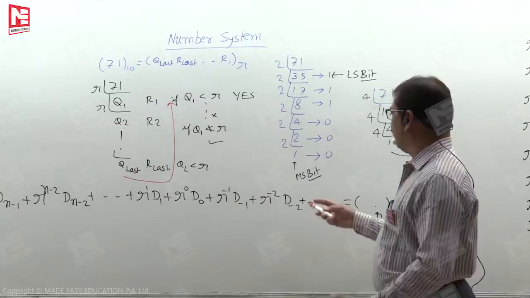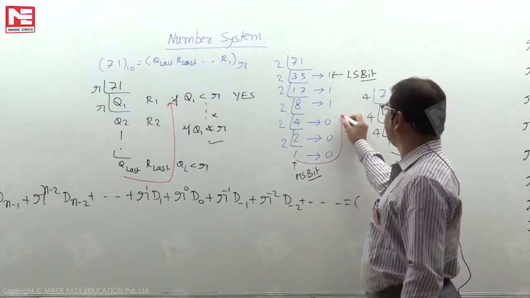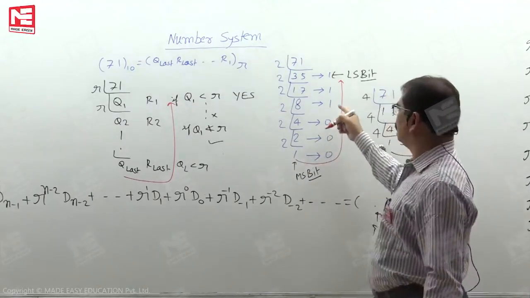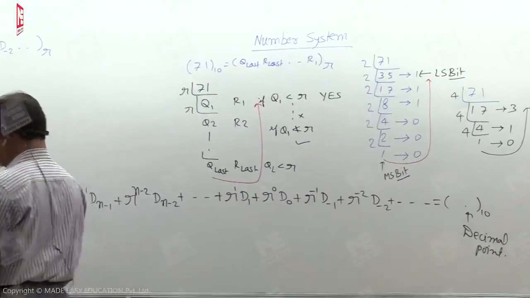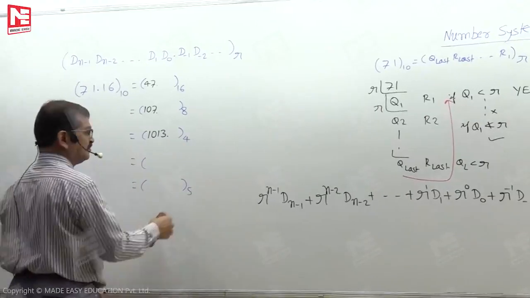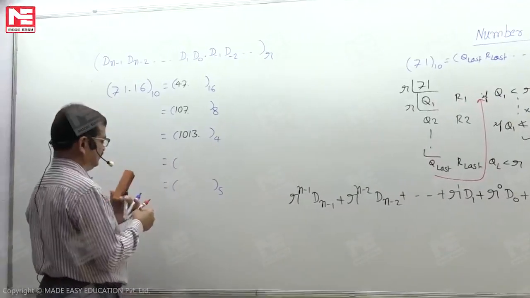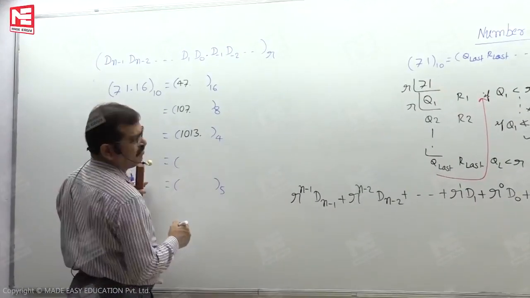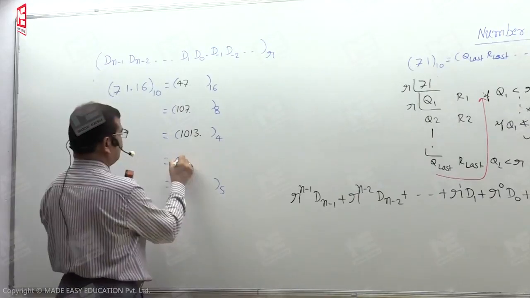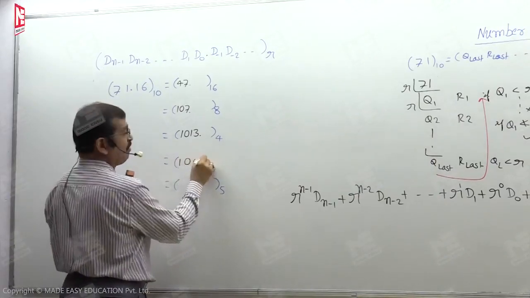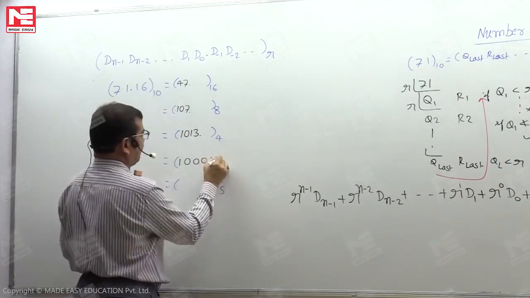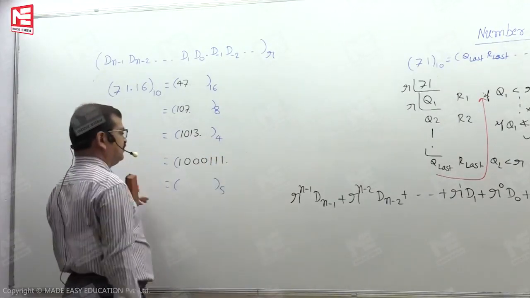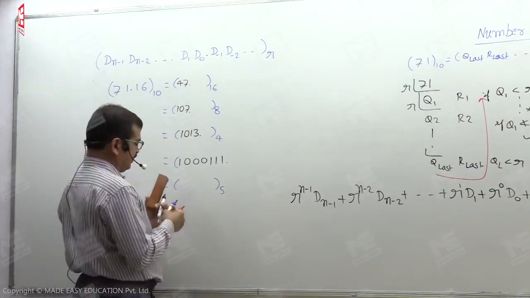So the number is 1000111. It is the equivalent binary number.